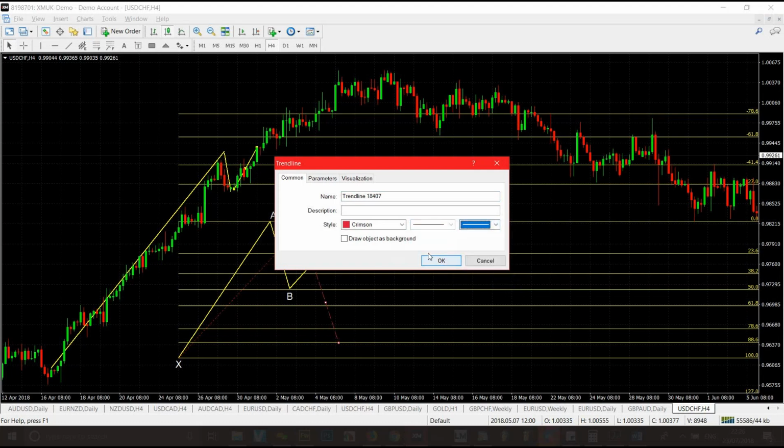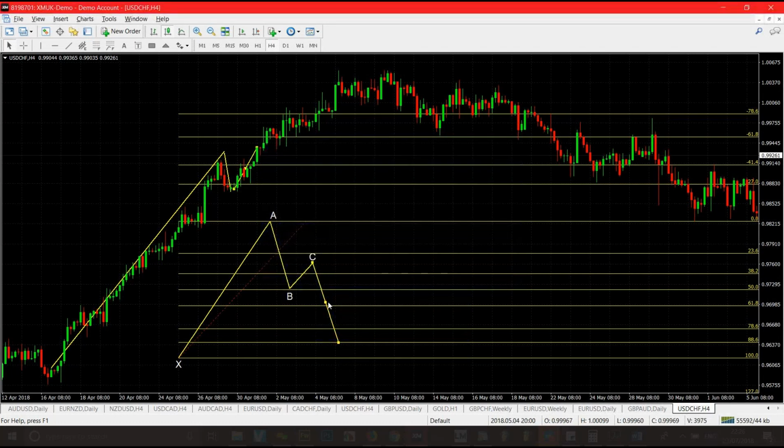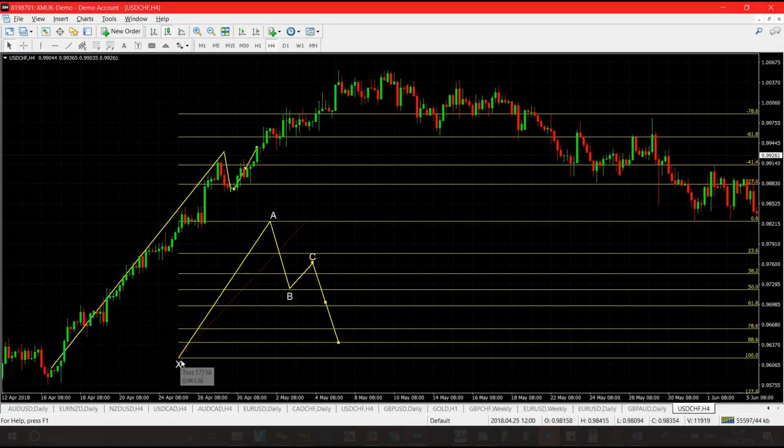Okay, make that here again. So it means this can go. Now, if you look at the chart, it's saying that it should be 88.6 of XA. This is XA. So 88.6 of it, meaning the retracement or the pullback of it.